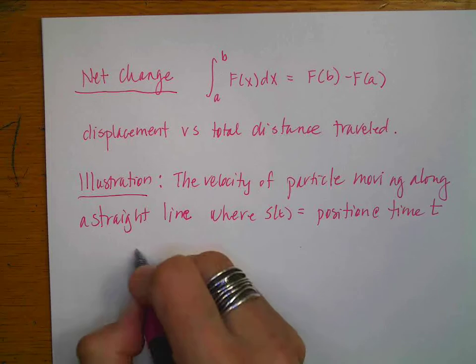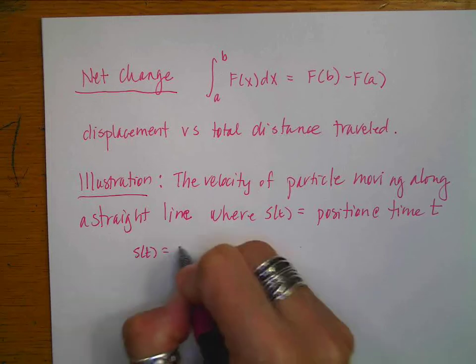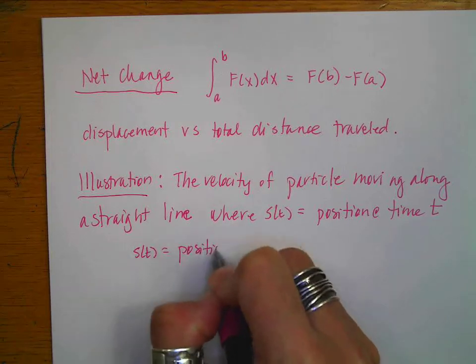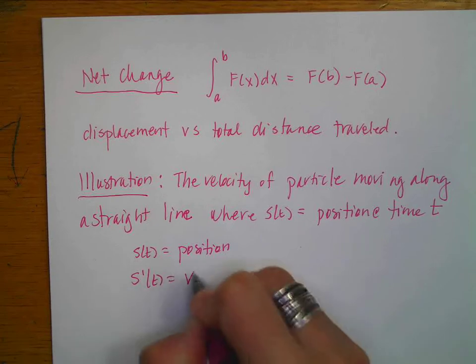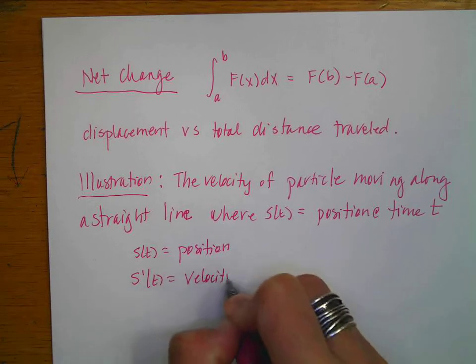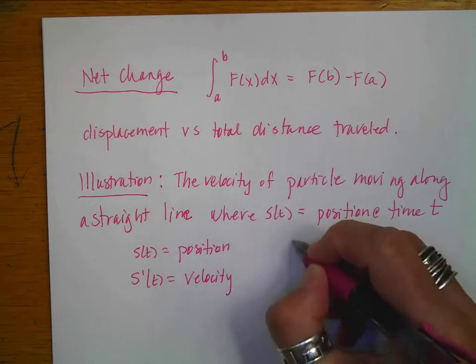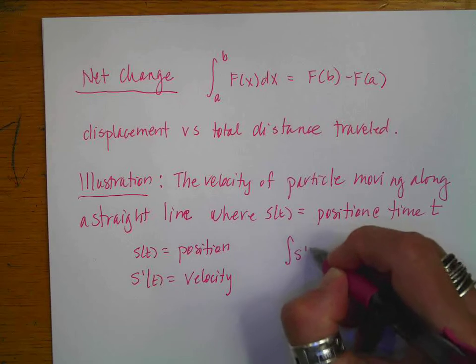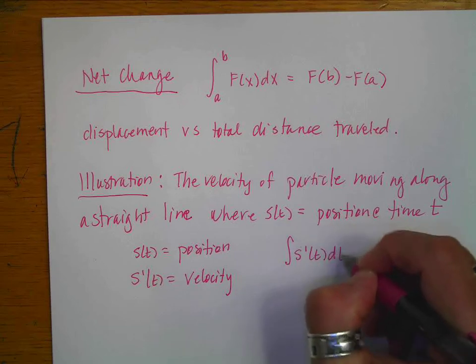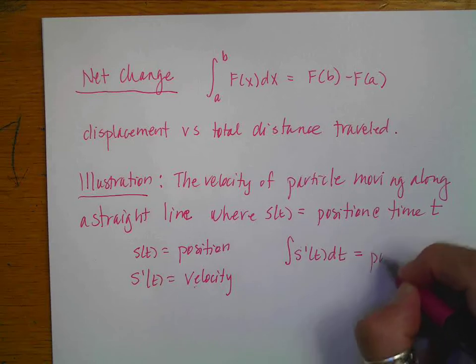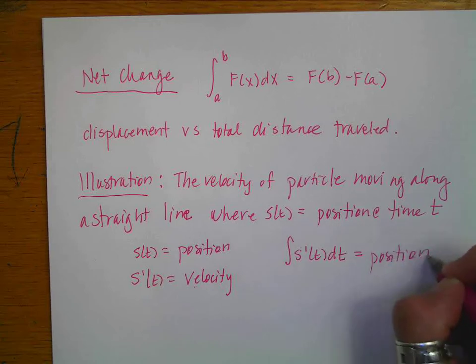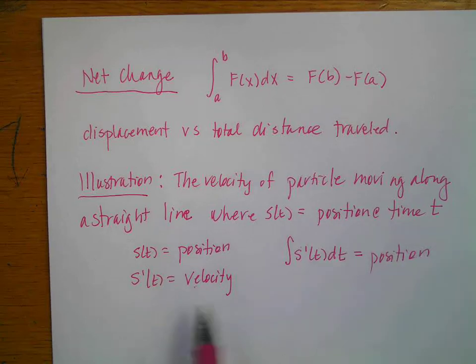So the way that we're going to talk about this right now is if s of t is position and s prime of t is velocity, and then I could take the integral of s prime of t dt, I would take the integral of velocity, that would give me position.